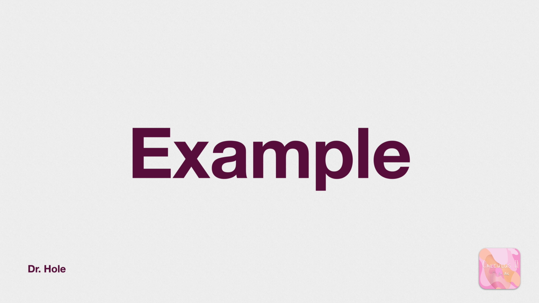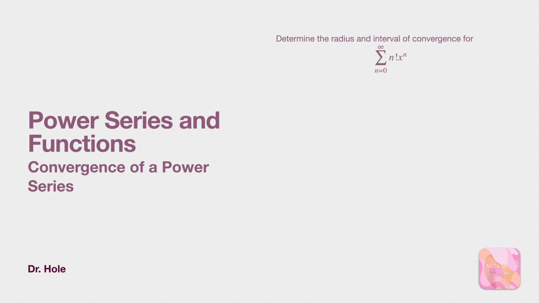Very good. Let's do another example. And what we're going to do is we're going to bring the factorial from the denominator into the numerator. And now we can still have an arms race of this quantity n factorial up against this exponential x to the n.